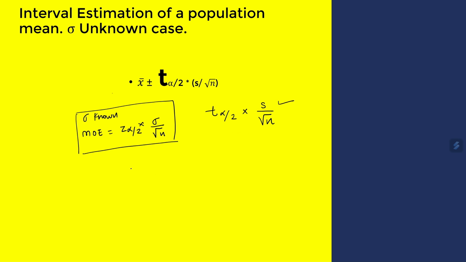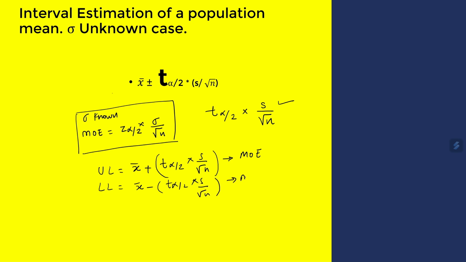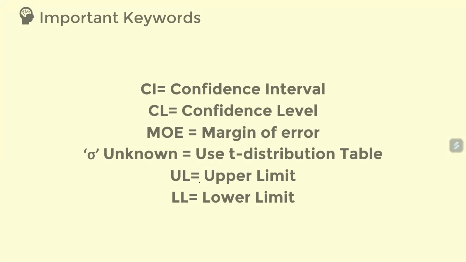Other things are the same, so in order to estimate the interval, we calculate the upper limit and lower limit: x bar plus t alpha by 2 into s divided by root n, and x bar minus t alpha by 2 into s divided by root n. The term t alpha by 2 into s divided by root n is our margin of error.